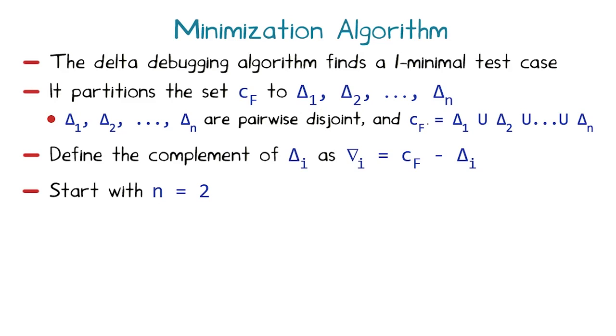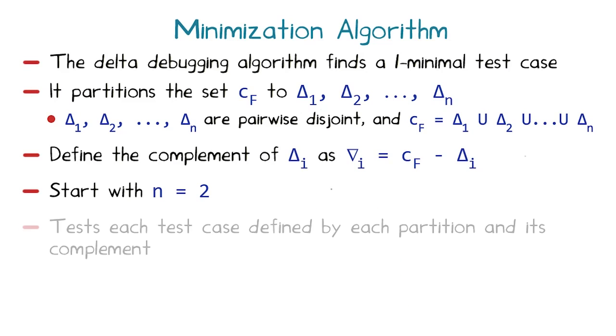We use capital deltas here to represent subsets of CF instead of individual changes in CF. We also use nabla, the upside down capital delta, to represent the complement in CF of each capital delta. In other words, all the changes in CF which aren't in delta i are in nabla i.